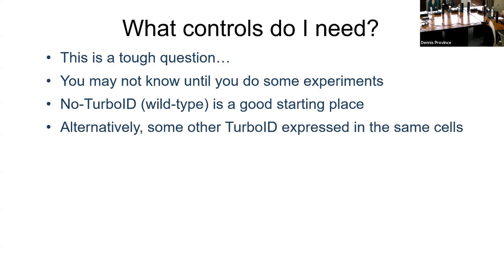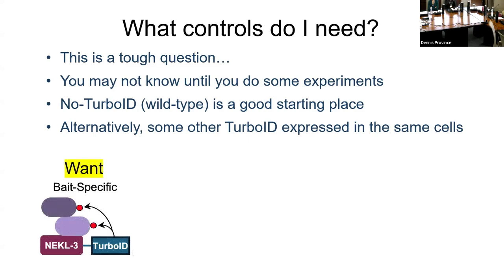Alternatively, you might want to express some version of the BioID like turbo in the same cells of that organism, but where you don't have your bait attached to it. So essentially a no bait control, or we just have a strain with GFP tag to turbo. So GFP just kind of floats around. At least that's the idea.